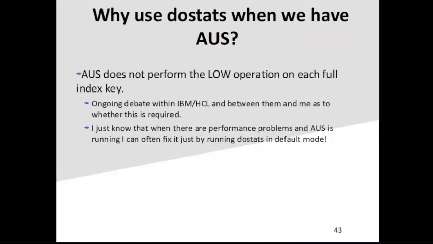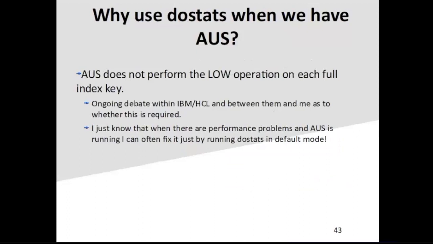Here's the big problem for me: AUS does not perform the LOW operation on each full index key. I got this idea way back from one of the optimizer engineers who built the original optimizer, and it works for me. There is a debate. Some of the engineers think this is unnecessary. John Miller certainly did.